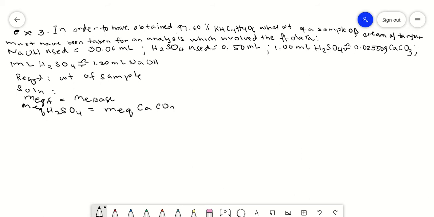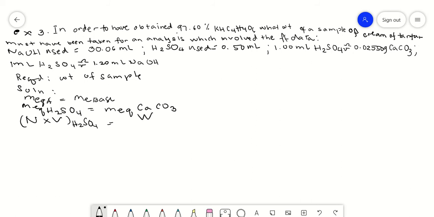Our objective is to determine the normality of sulfuric acid. So we make use of the formula normality times the volume. We're given the volume of sulfuric acid.